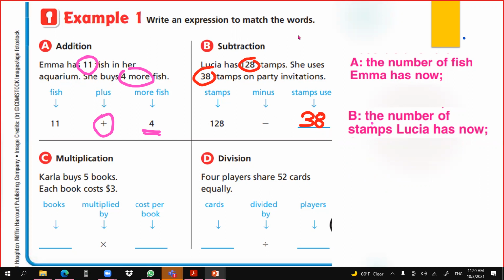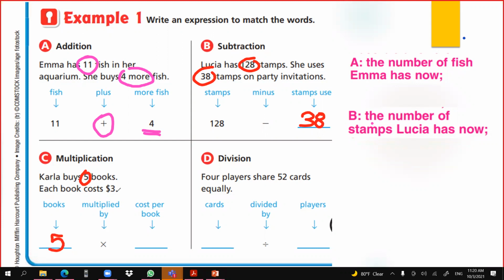Carla buys five books. Each book costs $3. So Carla buys some books, and all of them cost the same amount of dollars. So what did she do here? How many books did she buy? Bravo, she bought 5.